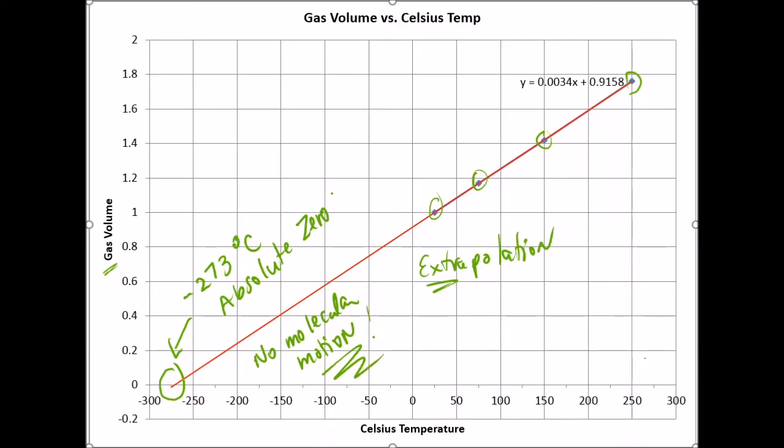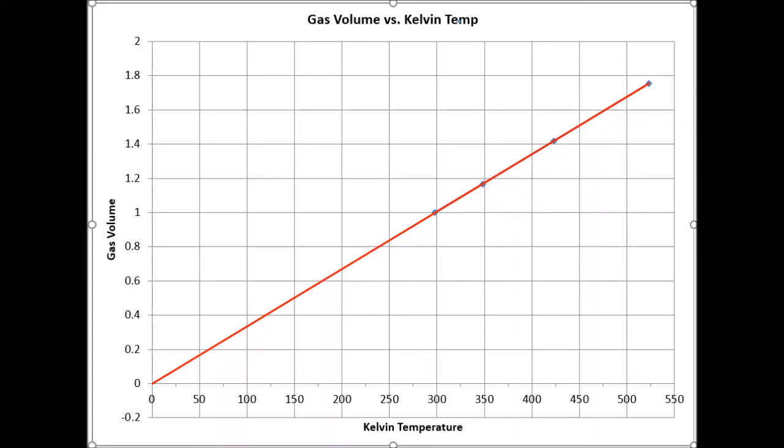Here we have the same data, but replotted using Kelvin temperatures. The Kelvin temperature has great advantages over Celsius or Fahrenheit.